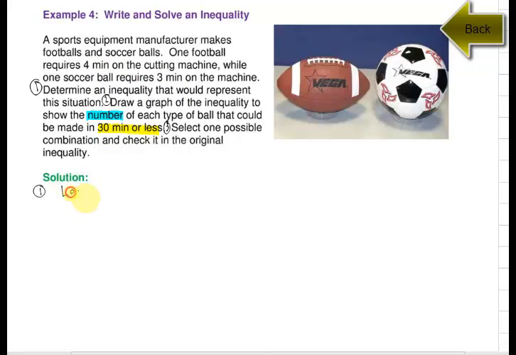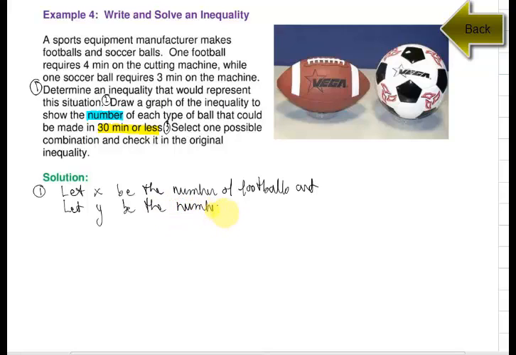So we're going to let x be the number of footballs cut, and we're going to let y be the number of soccer balls cut.